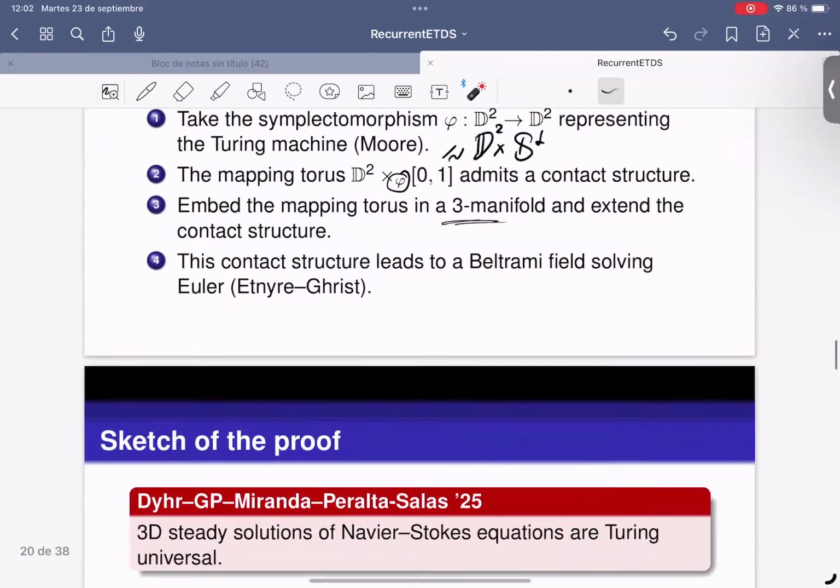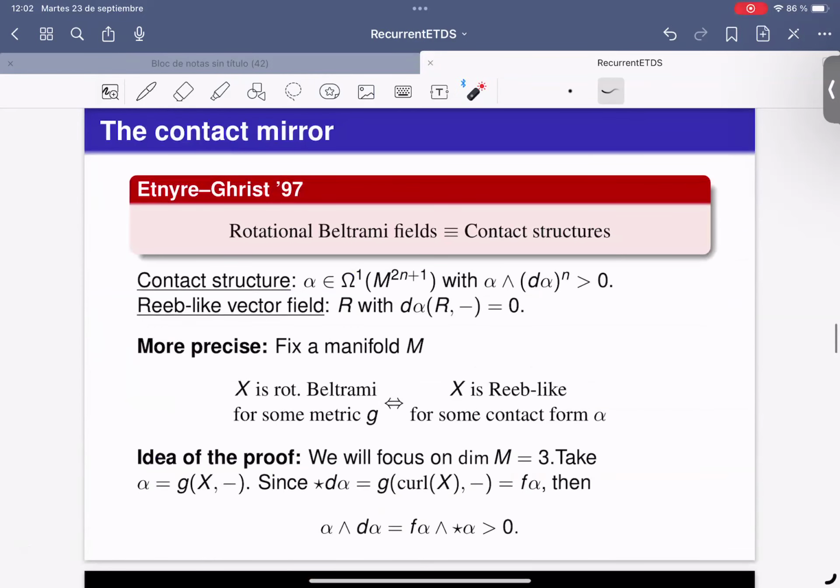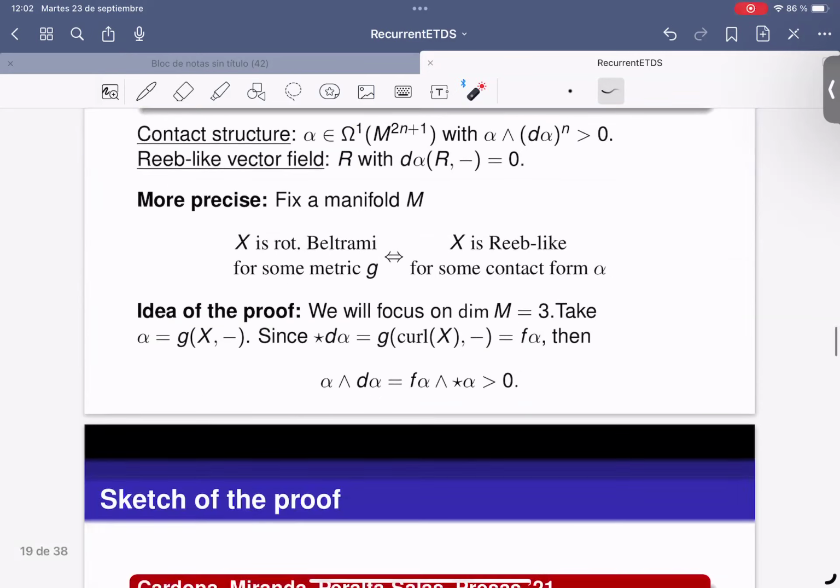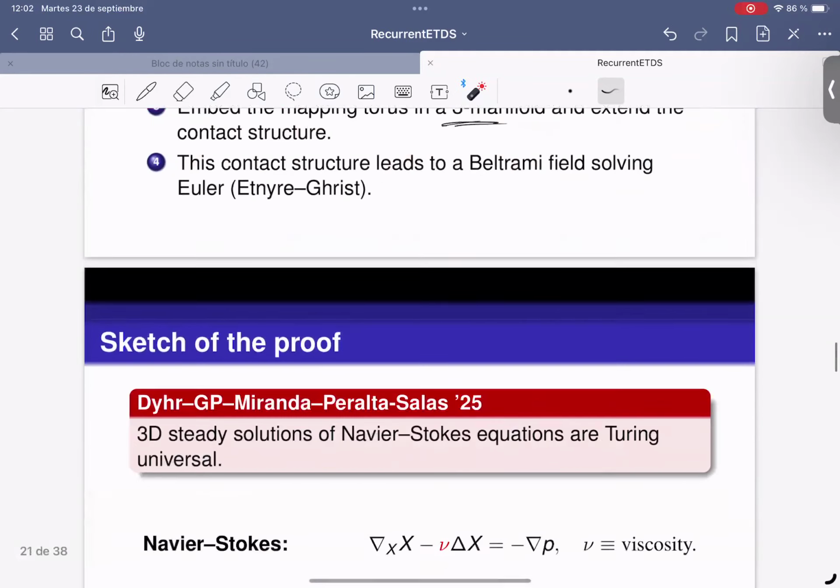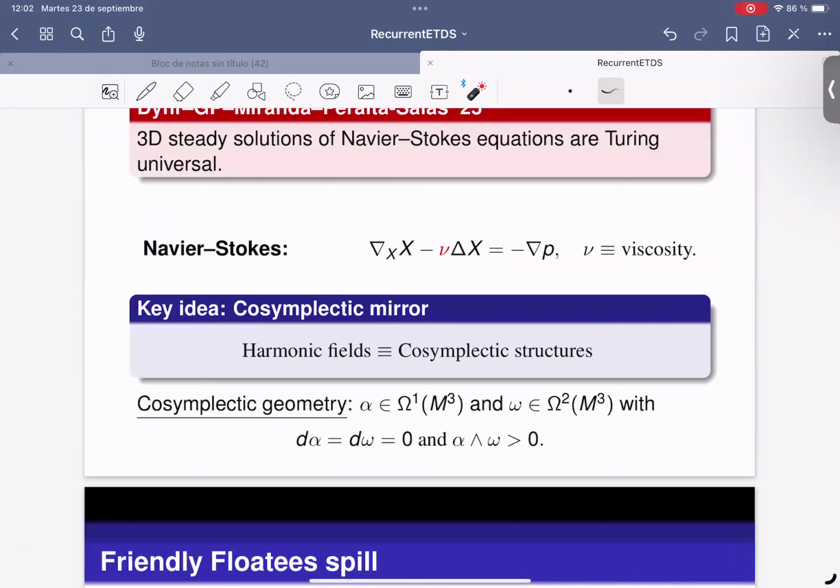Instead of considering this co-symplectic mirror that relates rotational Beltrami fields with contact structures, you use a co-symplectic mirror that relates harmonic vector fields with co-symplectic structures. Well, that is a different kind of structure on your manifold.